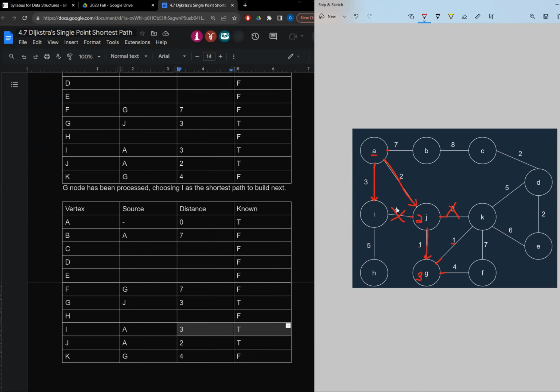The only way this path could have been shorter, now that we've got I and we look at this edge from the other direction, it took us more to get to I. Initially, the path that was established to get to J would be less than 3, because if it was not less than 3, then we wouldn't have been building those paths. So in order for us to even get to the point where we choose to build this path to I at a cost of 3, all paths that are shorter than or equal to 3 would have already been built.